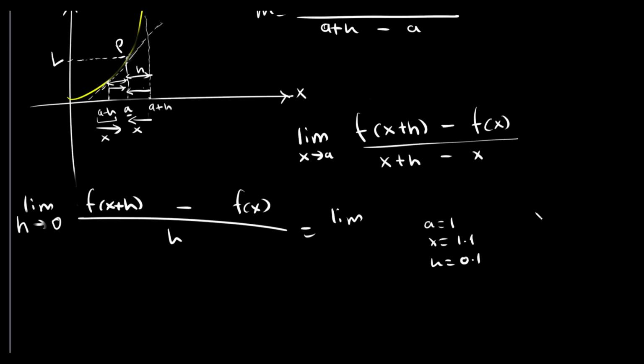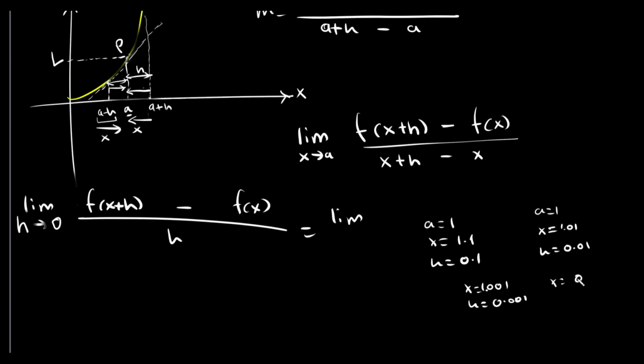But let's say x is closer to a, 1.01. What is going to be my h? 0.01. Let's take it again. x equal to 1.001. My h is going to be 0.001.